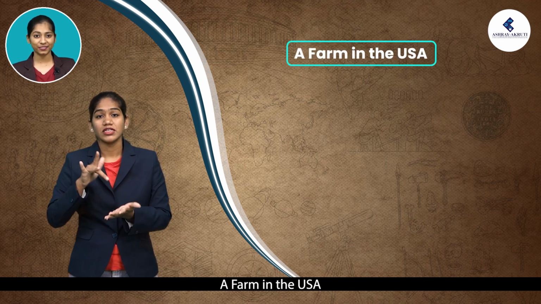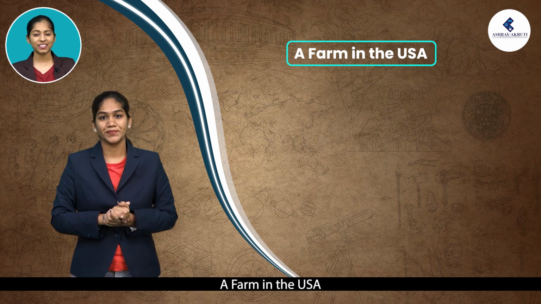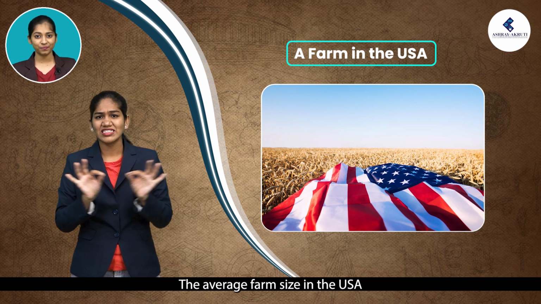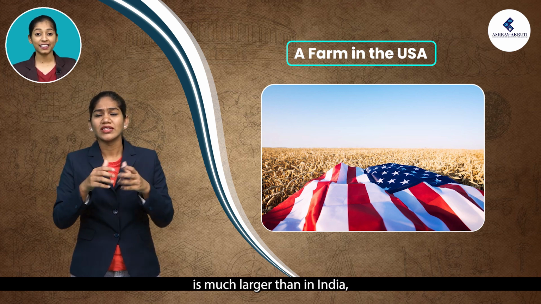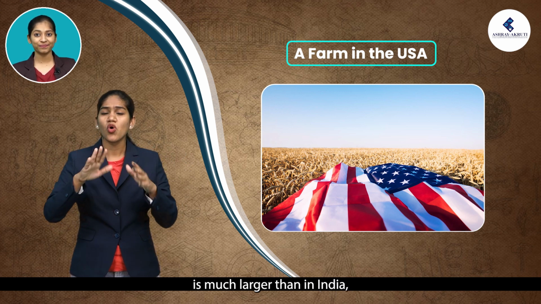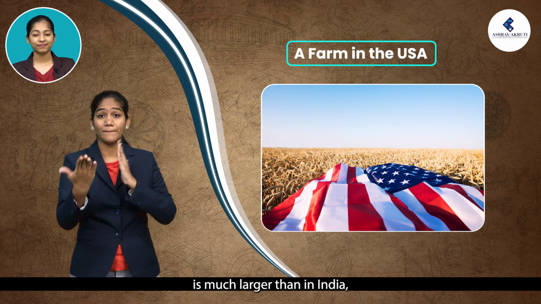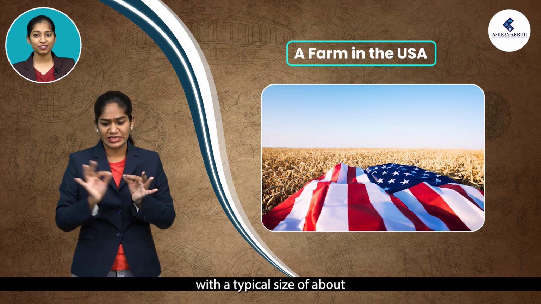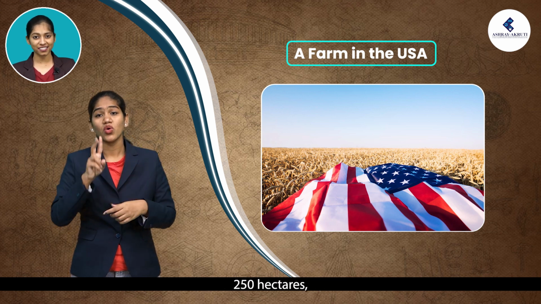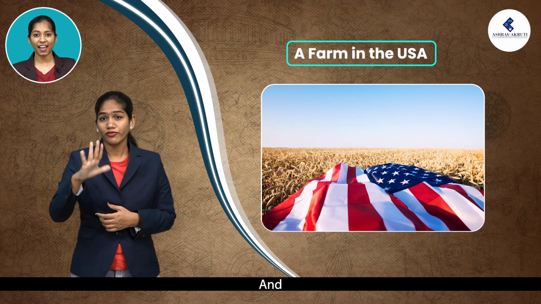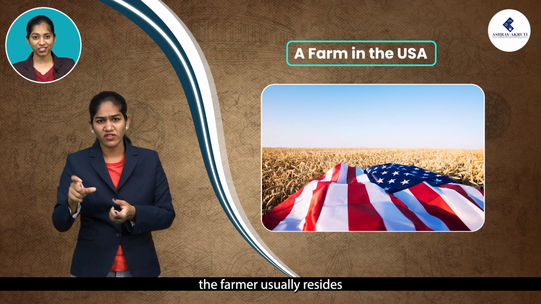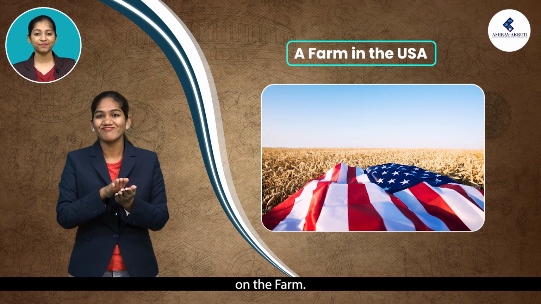A farm in the USA. The average farm size in the USA is much larger than in India, with a typical size of about 250 hectares, and the farmer usually resides on the farm.